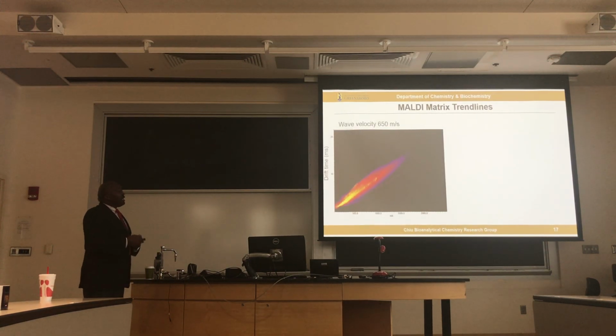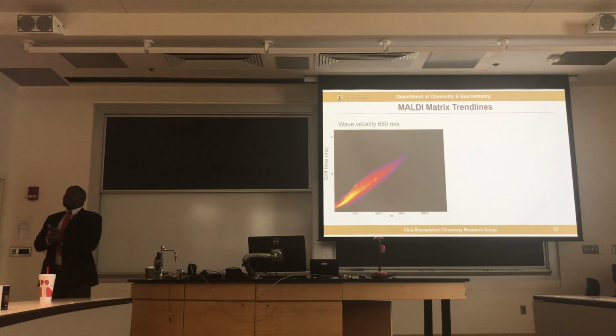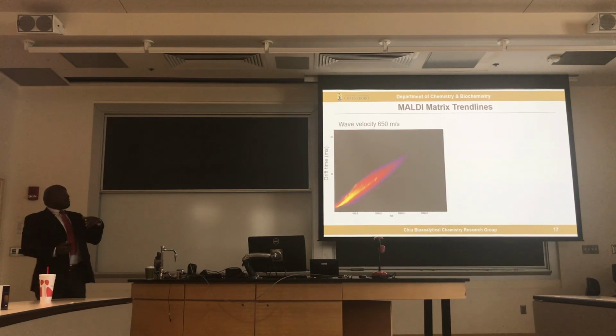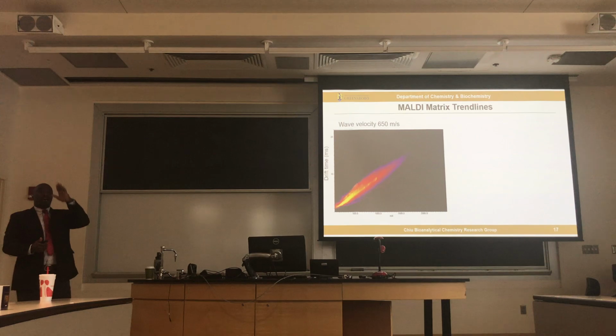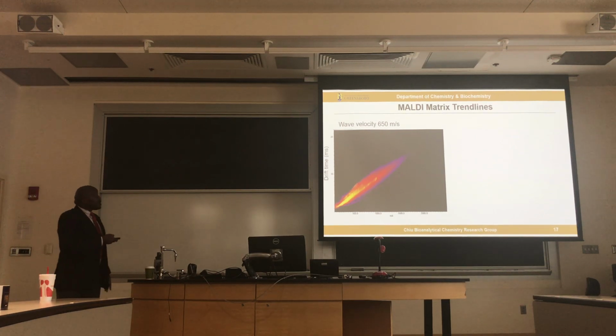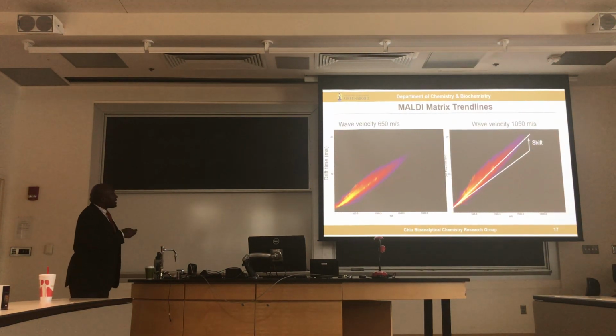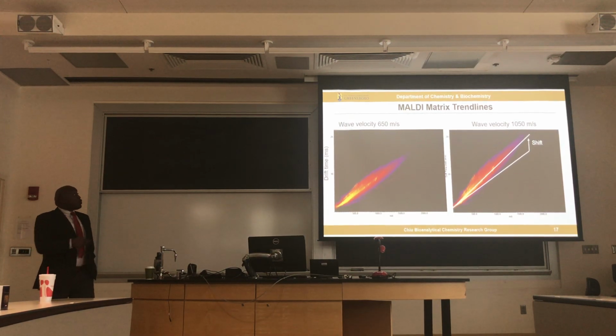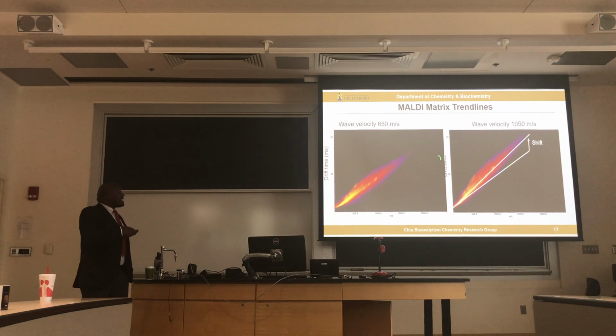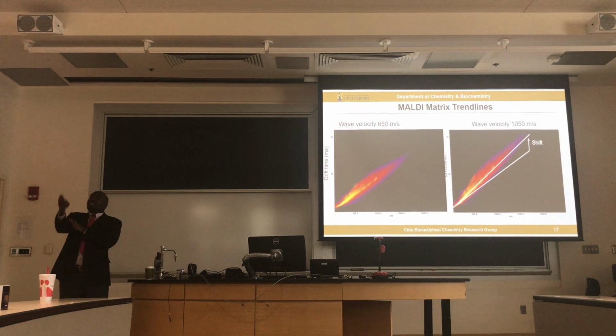There are two types of parameters that you can change in traveling wave ion mobility. One of them is the wave velocity, and the other one is the wave height. Remember we said we observe a trend line. Once we change the wave velocity from 650 meters per second to 1050 meters per second, we realize that there is a shift of the trend line.